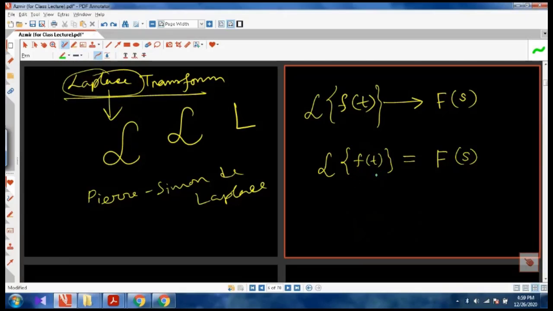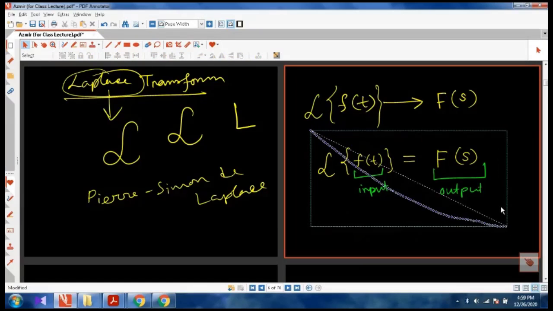So this is the input. Input is itself a function of time, and finally we are getting an output. So Laplace transform of f of t is f of s.